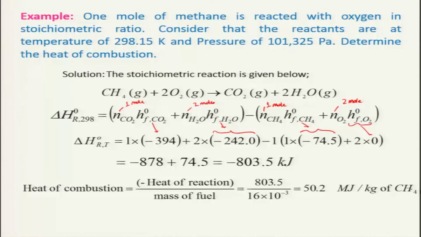Keep in mind that heat of combustion can be in terms of joule per kg or joule per mole of methane, whichever is being used.